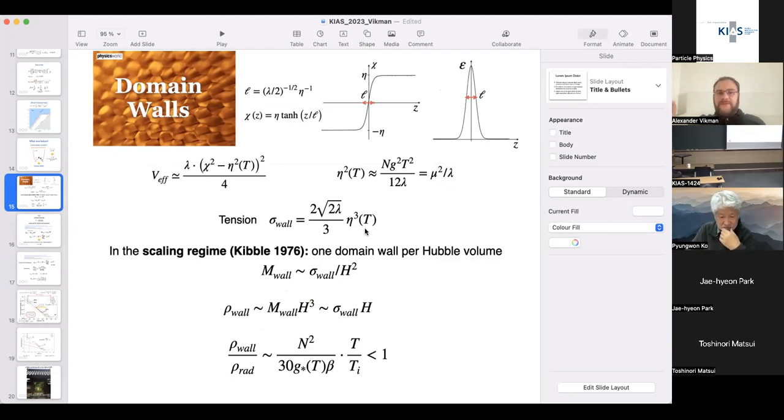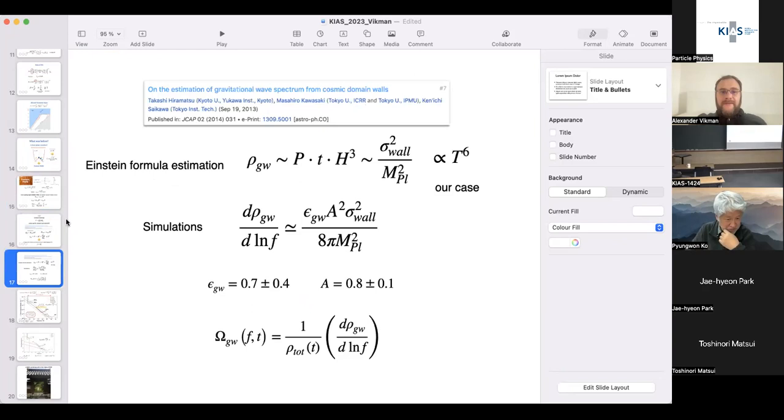Of course, if Hiramatsu-san could do a simulation for this, it would be amazing. Or explain to us how to do it. From what I heard from my Japanese colleagues, Hiramatsu-san was very good at doing these simulations.